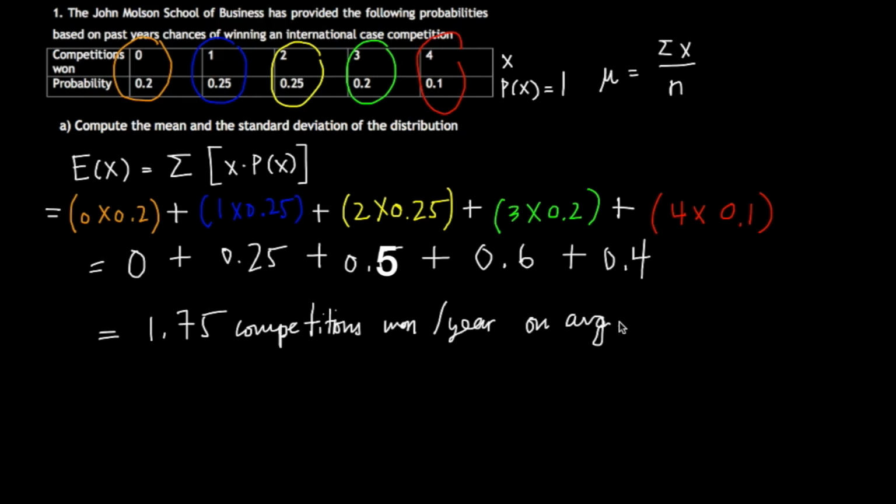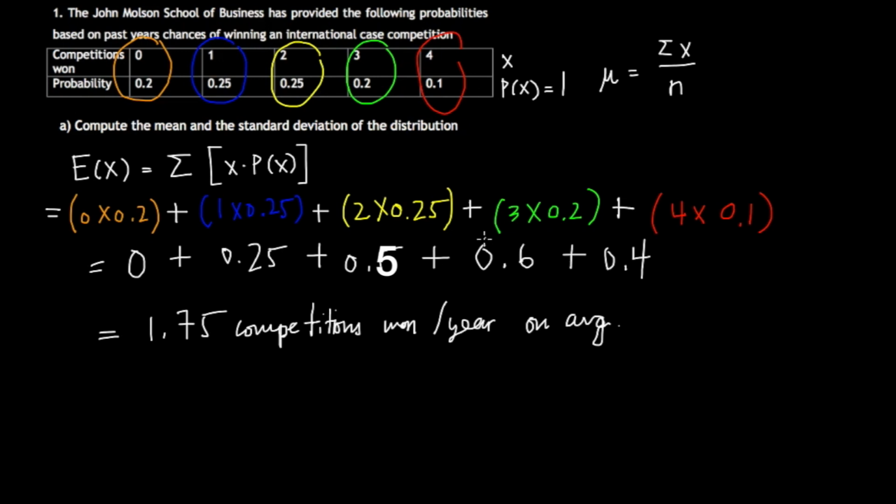Right? So, once again, because we don't have a sample size, we have to use the probabilities that are given to us. And this tells us that of these 5 outcomes within this given year and their corresponding probabilities, I can win 1.75 competitions per year on average, because I can win 4 10% of the time, so that's 0.4 competitions.